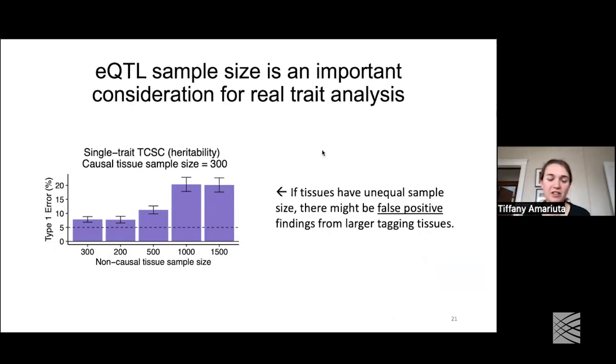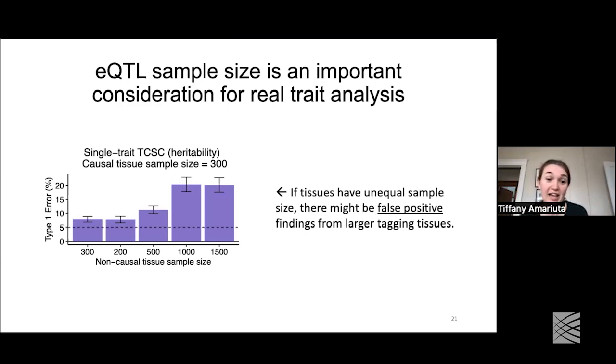And now another thing I want to mention that we identified in simulations that is really important when considering applying TCSC to real trait analysis and how to process this data, for example, from GTEx. We've identified that the type 1 error is near 5% and approximately well calibrated only if the tissues have equal sample size when running the eQTL multivariate regression.